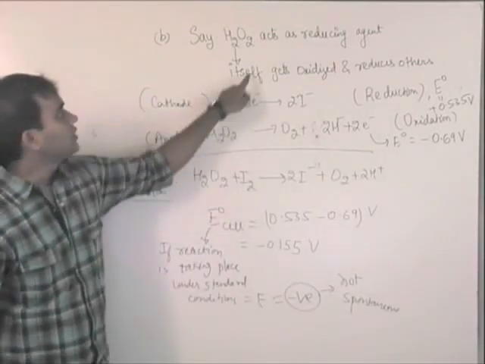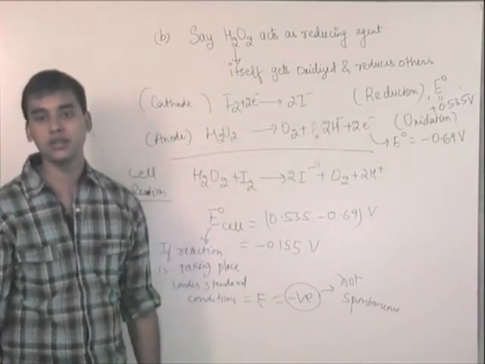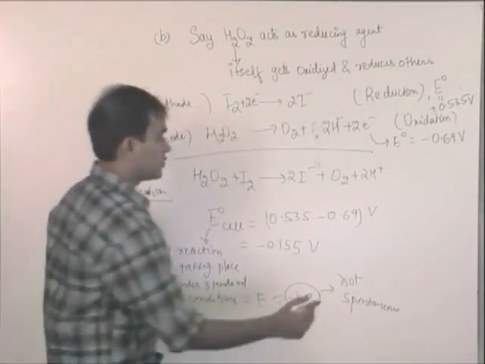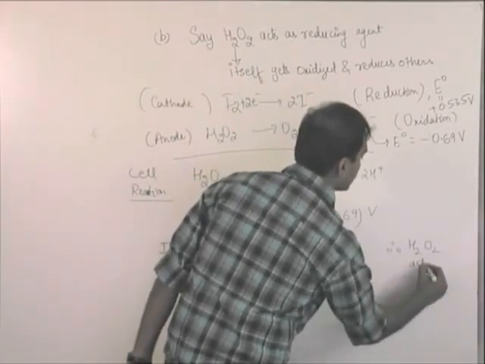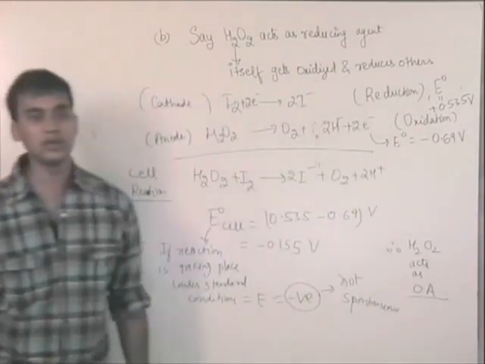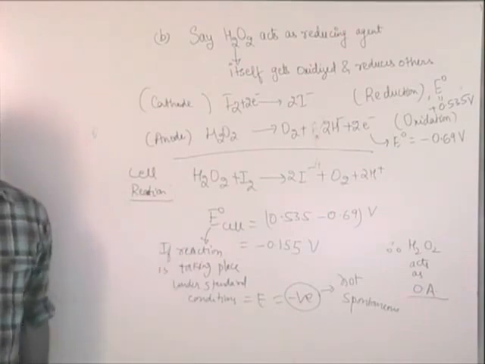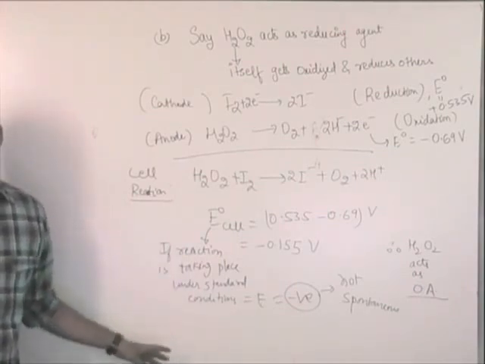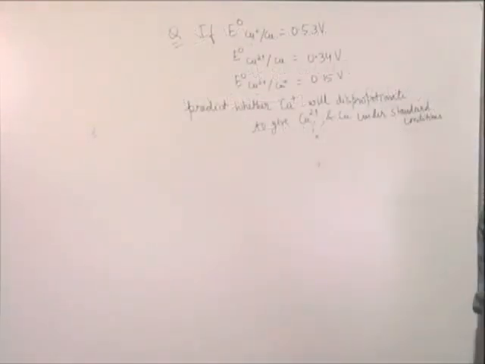So I can say that H2O2 is not acting as a reducing agent and it will act as an oxidizing agent. Therefore, H2O2 acts as oxidizing agent. Simple enough. Anybody is having a doubt with this question? Everyone is clear with it?